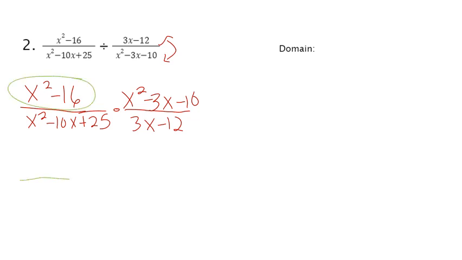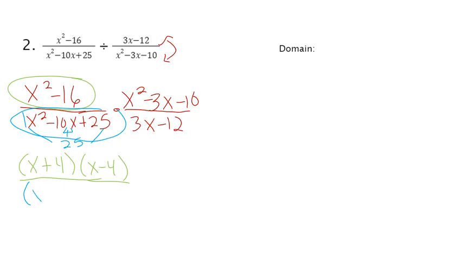So the upper left is a difference of 2 squares. The underneath, this is a trinomial, so factors of 25 that add to -10. So it would be -5 and -5.